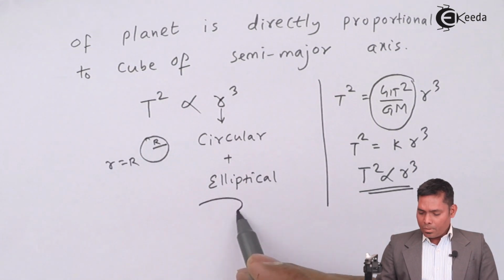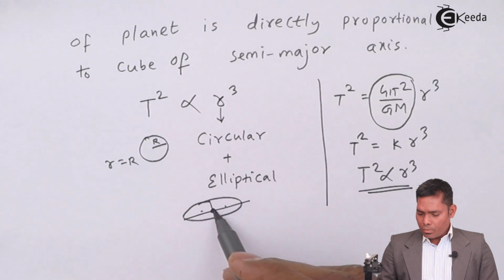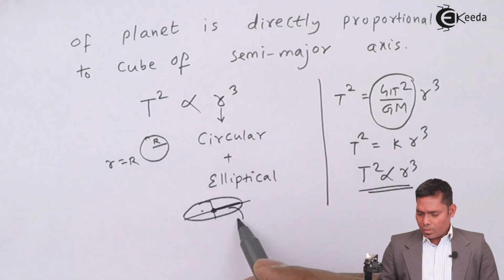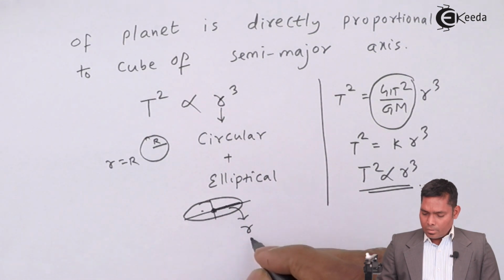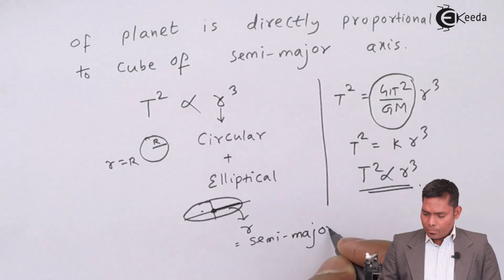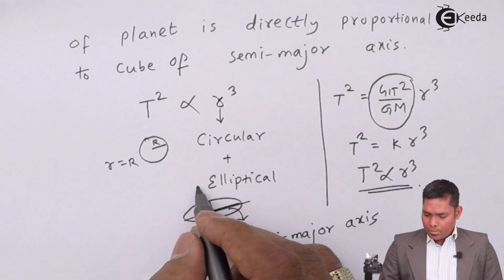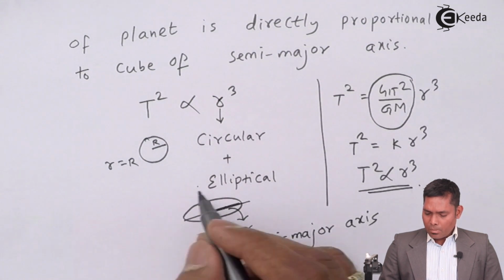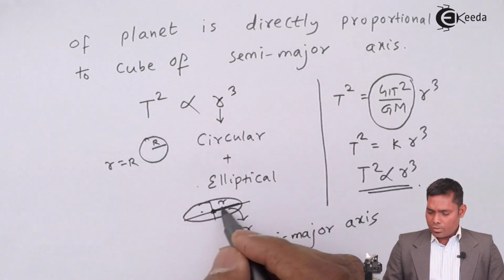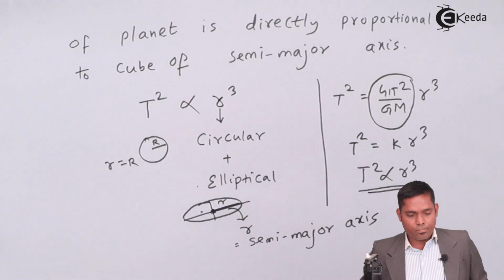In the case of an ellipse, we have to take the semi-major axis, that is this distance. Otherwise, the relation is the same.